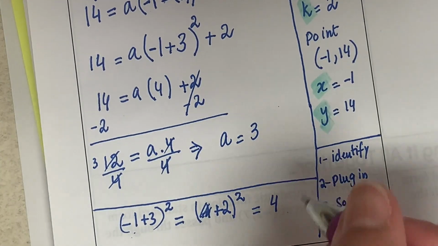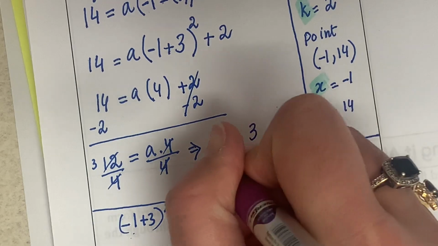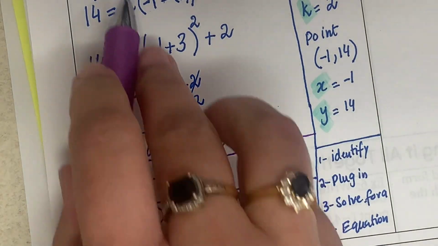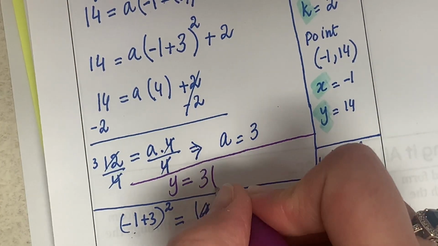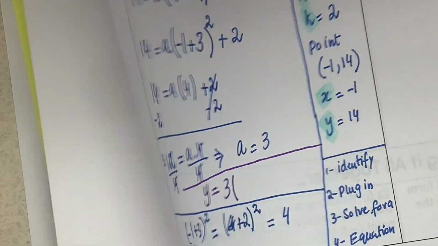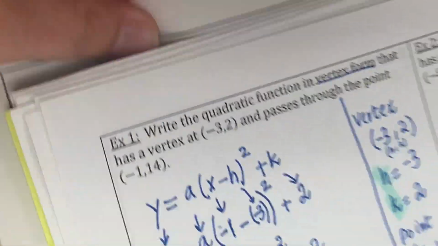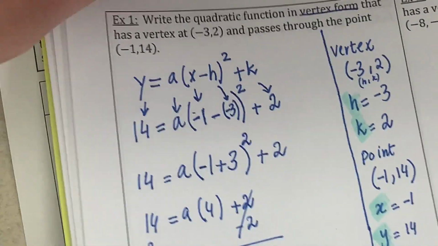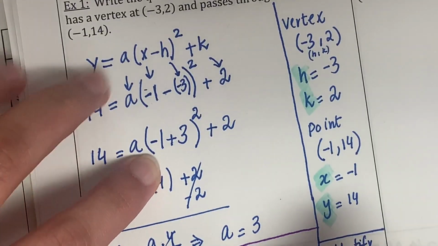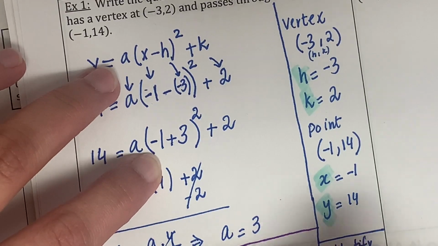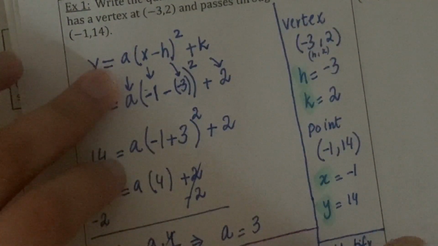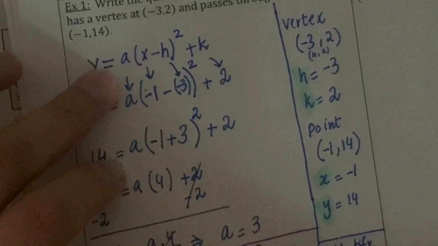I have the a value, and now all I'm going to do is write the equation. Y is equal to a, and I think I have to replace everything. Yeah, I have to replace everything. So y equals 3 times x plus 3 whole squared plus 2.